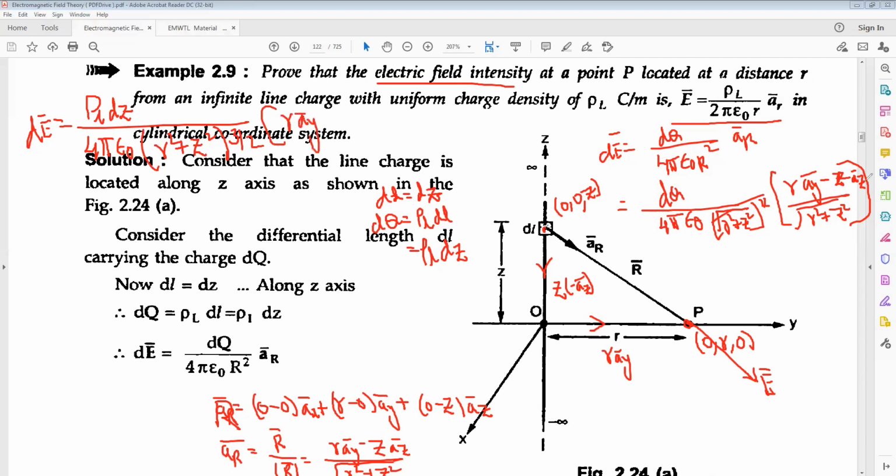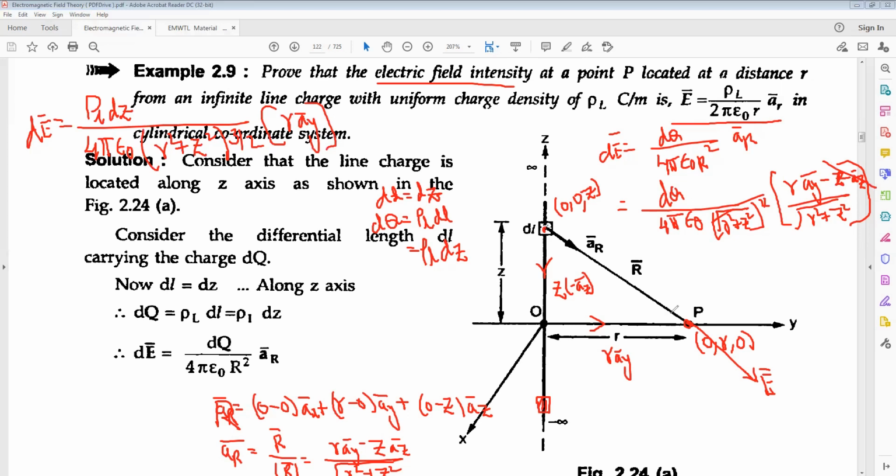We are eliminating the Z component here because it is uniformly distributed on the Z axis and symmetrical, and here also there is a differential length you can assume. So both get cancelled. So we are eliminating the Z component, R into AY bar.